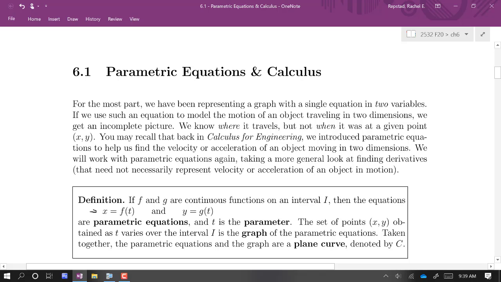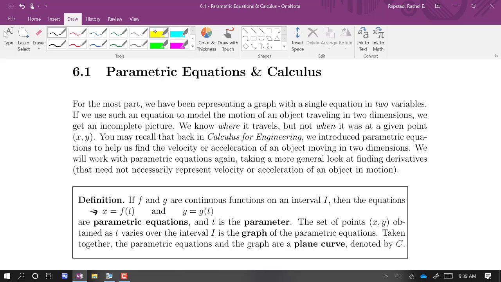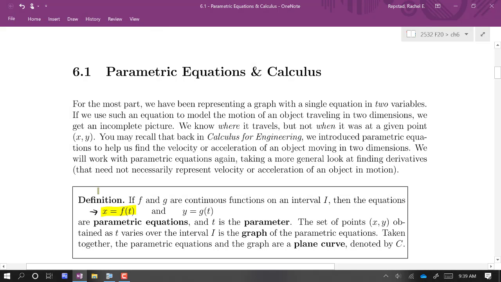We express x as a function of t, and that'll tell us the x-coordinate over time, and y equals g of t will tell us the y-coordinate as a function of time. So for a given value of t, we can find the x-coordinate and the y-coordinate separately, and then we know where it was at each value of time.